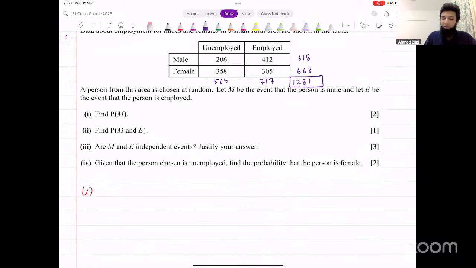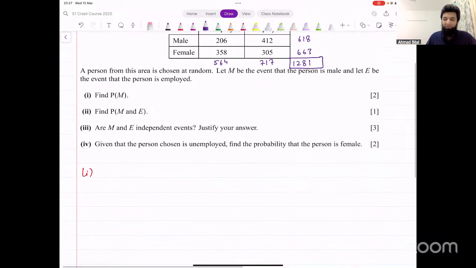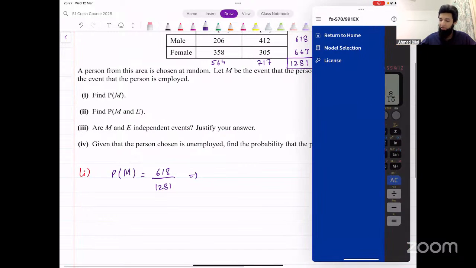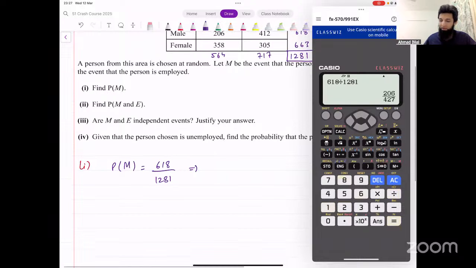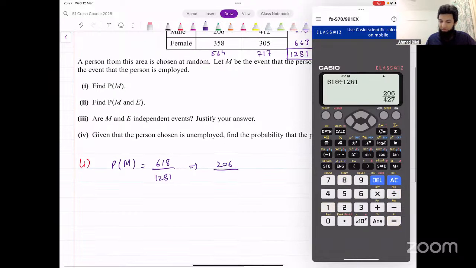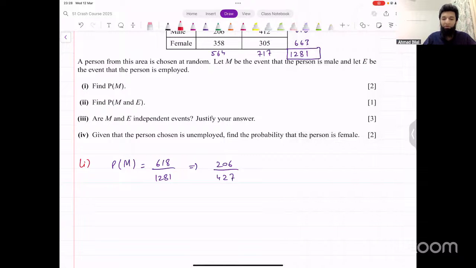How many total males do we have? 618 out of how many? 1281. So probability of selecting a male, if you were to select someone randomly, is going to be 618 divided by 1281. You can see if this can be simplified. 618 divided by 1281 simplifies to 206 divided by 427. That's the probability that we were looking for in the first part.